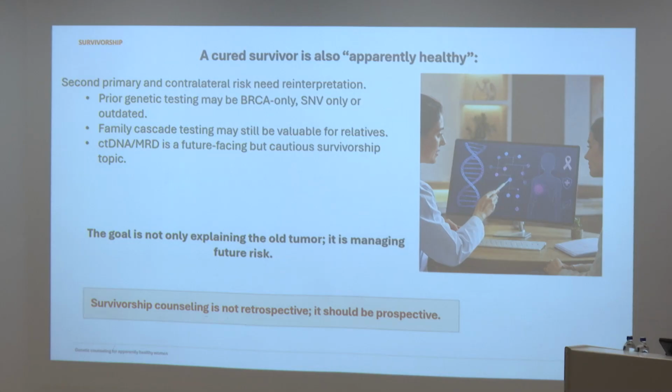People are apparently healthy when they might be survivors of previous cancers. They might have a previous cancer history. So we are seeking the second primary or contralateral risk, and these need reinterpretation.